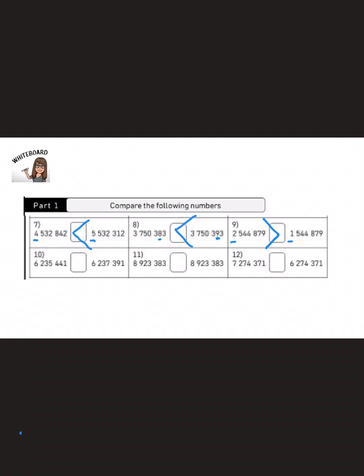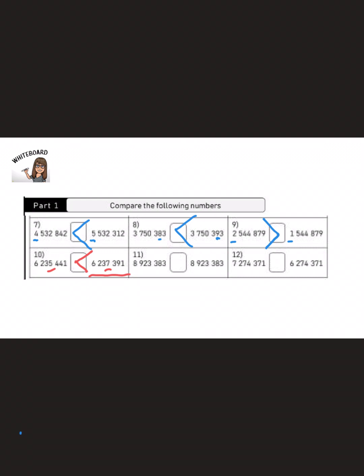10. So to start off with, we have 6 and 6, 2 and 2, 3 and 3, 5 and 7. So we can compare 5 and 7. What is larger? 7 is larger, so that means this number is larger. 6,235,441 is less than 6,237,391.